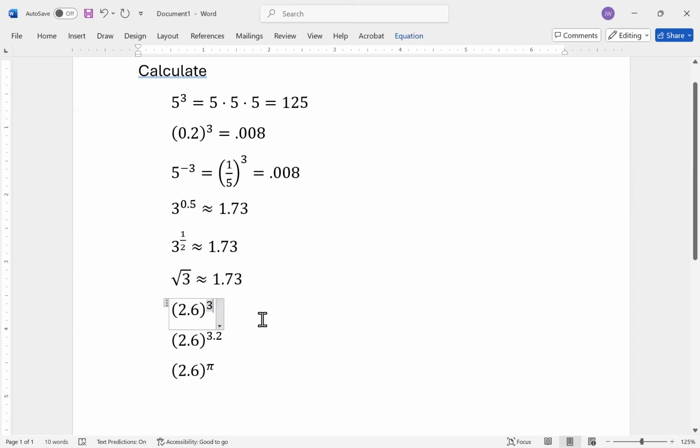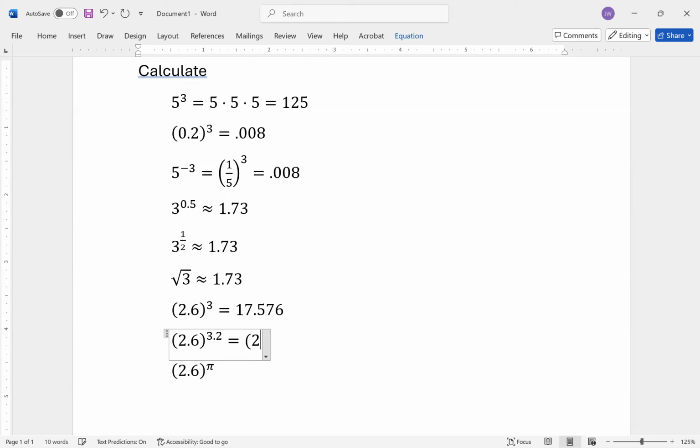Now, when we have 2.6 raised to the third power, that's the same thing as 2.6 times 2.6 times 2.6. When you do that, you get 17.576. When you raise 2.6 to the 3.2 power, well, you can do this by hand if you want. It's a little bit more difficult because 3.2 as a fraction is 16 over 5.